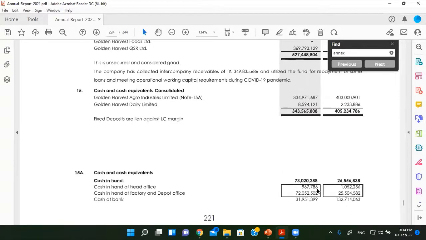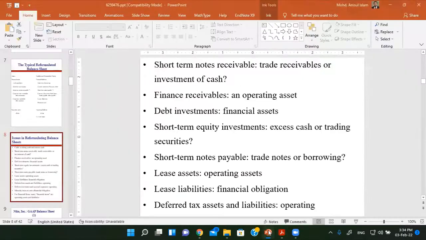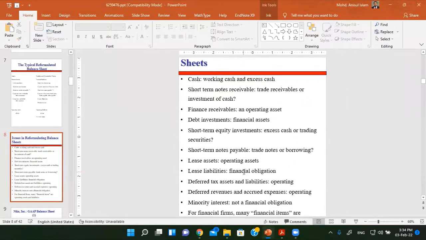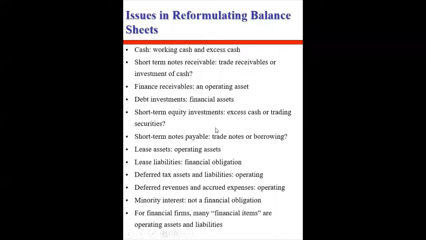If there were no breakdown, I would take 5.5% of sales. It is based on an industry practice of how much cash the average company holds relative to sales as a percentage. That percentage will be considered as working cash, and the remaining will be considered as financial assets.